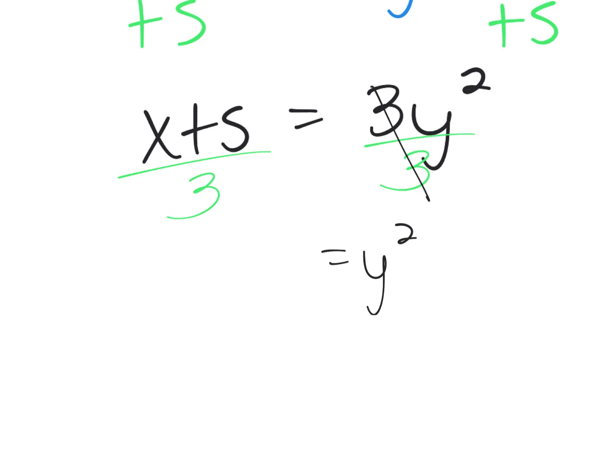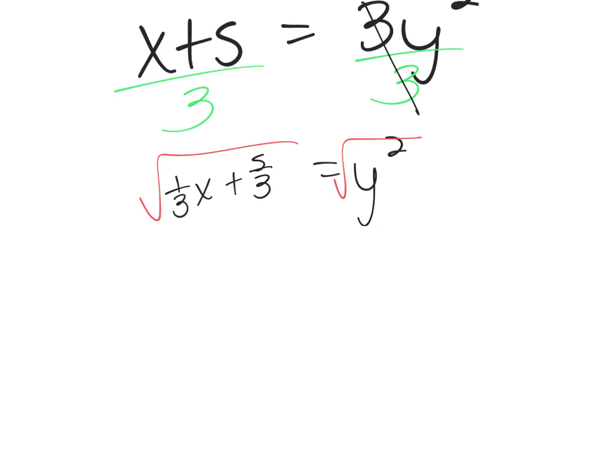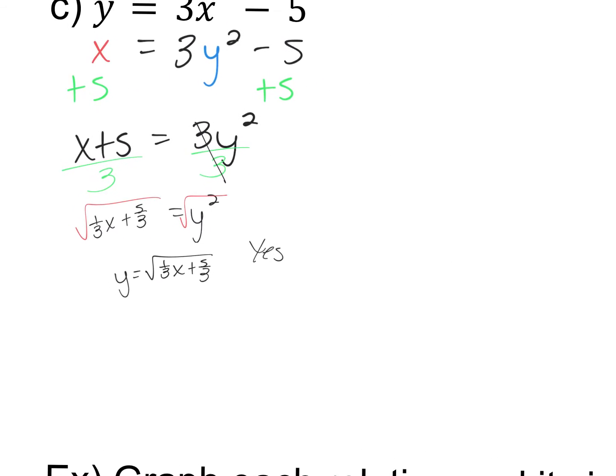So y squared is, I am going to break this up into 1/3 x plus 5/3. You really don't have to, it's just a personal preference. Now what do I need to do to get that y by itself? Square root. So you have y equals the square root of 1/3 x plus 5/3. Is this a function? Yes, it's another square root function, so it is.